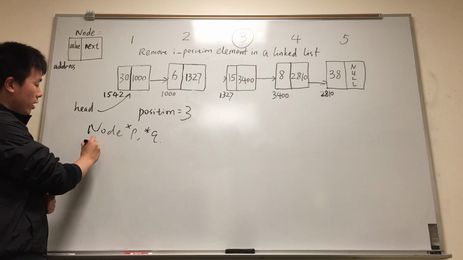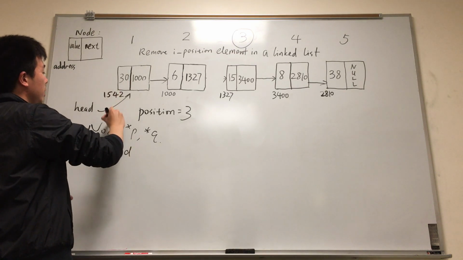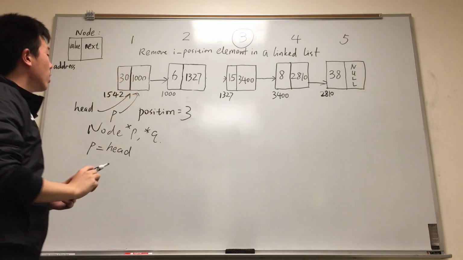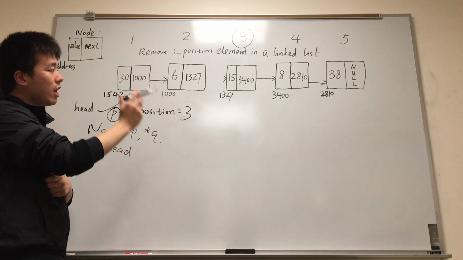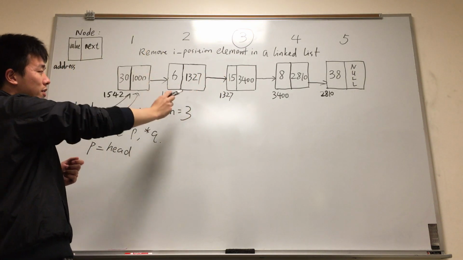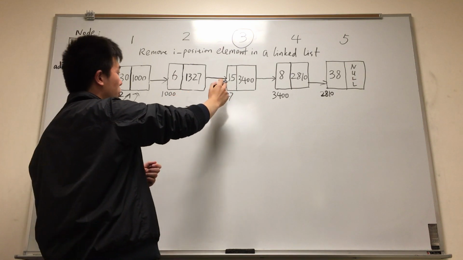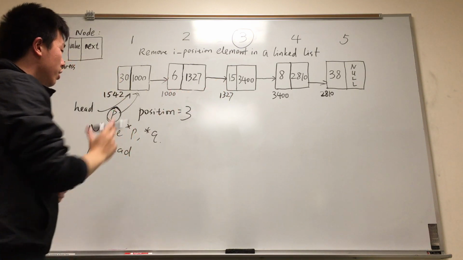We initialize P as equal to head. The pointer head means P is also pointing to here. And now we want to move P to the element that is the previous element of the element that we want to remove. Namely, we want to move P to position 2. How to do it?